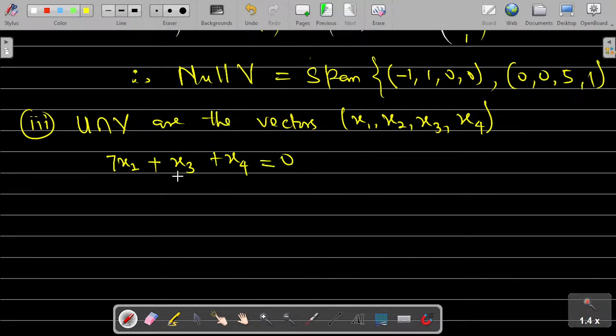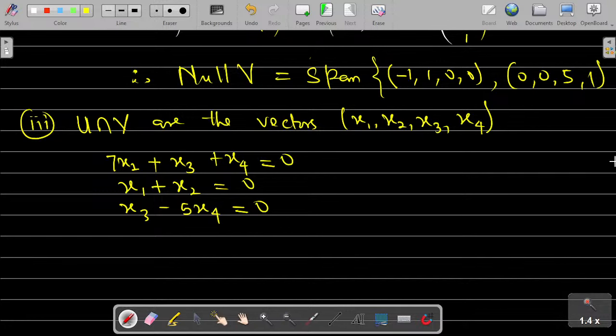This is the one in U, while the one in V was x1 plus x2 equal to 0, and the last one was x3 equal to 5x4, which I brought to the other side, giving x3 minus 5x4 equal to 0, because we want 0 on the right, so that it will be in null space form.